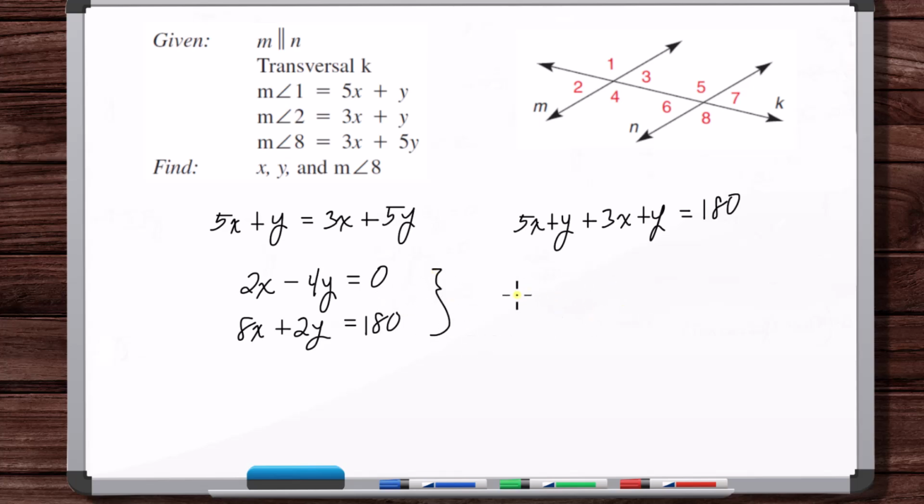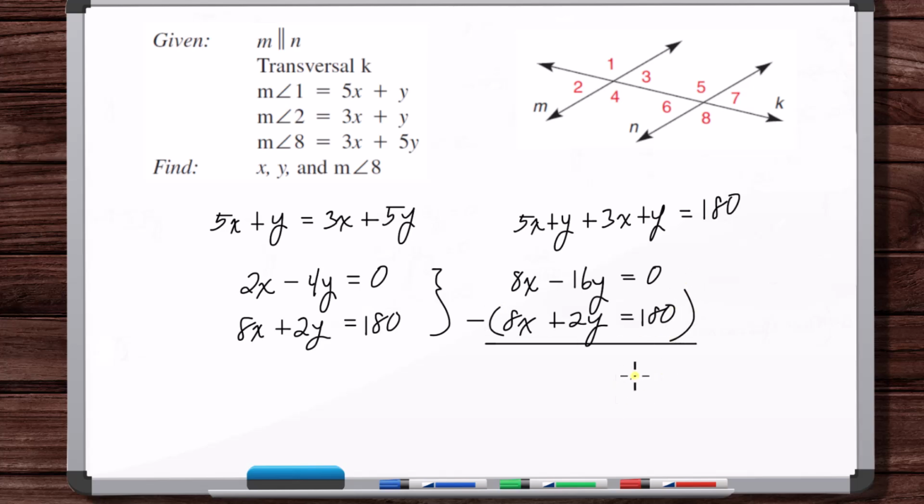We can multiply the top equation by 4. So we get 8x minus 16y is equal to 0, and then 8x plus 2y is equal to 180. So minus 16y minus 2y is minus 18y, and then 0 minus 180 is minus 180.